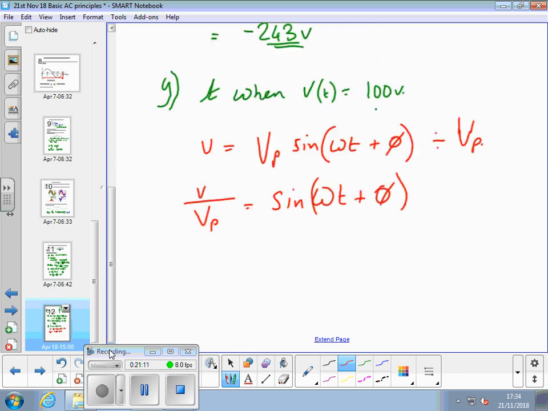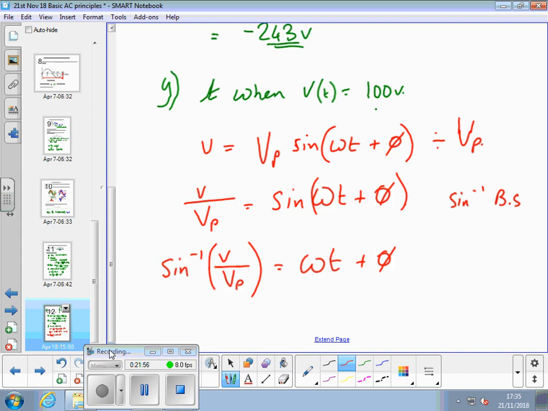Now, how can we get rid of the brackets? What's the inverse function for sine? Sine to the minus 1, both sides. So we do sine to the minus 1 of little v over vp is equal to omega t plus the phase angle. The brackets are gone.